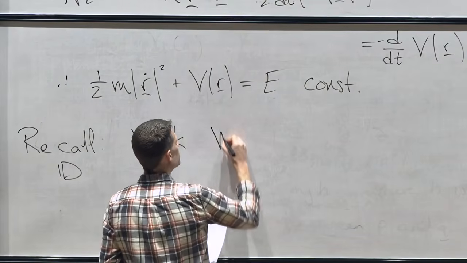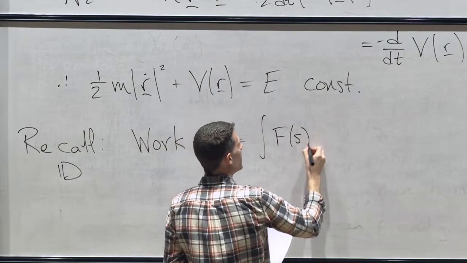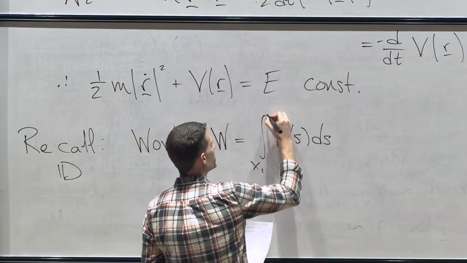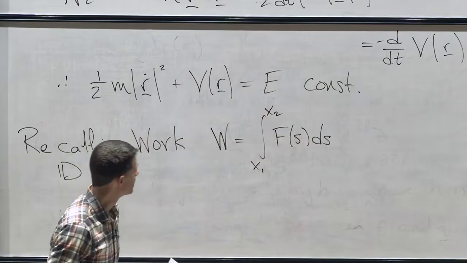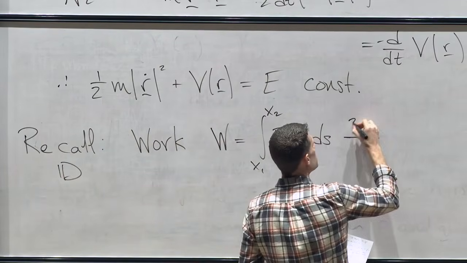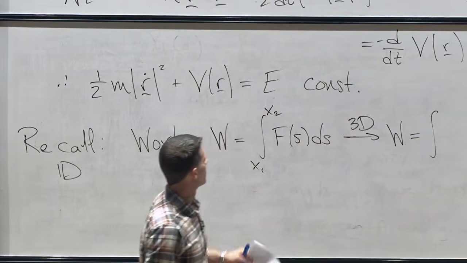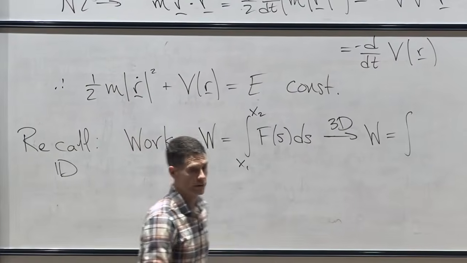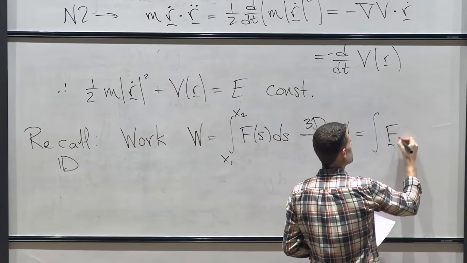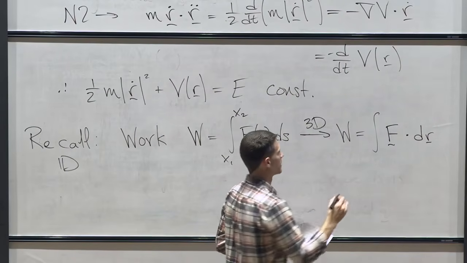W was an integral of f of s ds as s goes from whatever point x1 to x2. The 3D version of that is I integrate my vector field f along a line. So f dot dr over some curve.